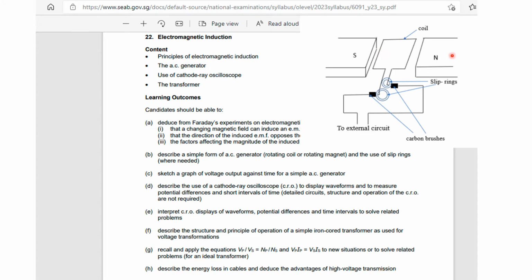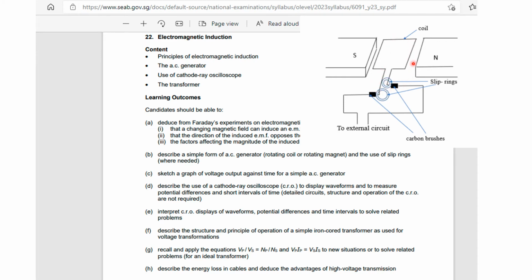So in other words, when this coil is moving, we have this coil constantly cutting the magnetic field lines, or we can say that there is a constant change in magnetic flux linking this coil here. And when there is a change in magnetic flux linking the coil, there will be an EMF that is being induced.